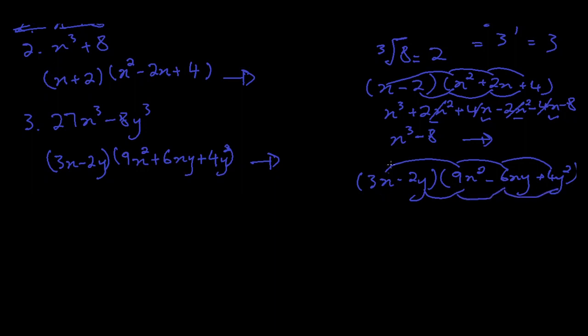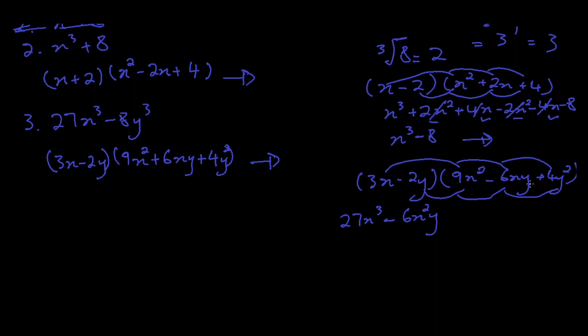So remember, okay, so 3x multiplied by 9x squared is 27x cubed. 3x multiplied by minus 6xy is negative. Remember, the sign here is negative, so it's negative 6x squared y. Ne?